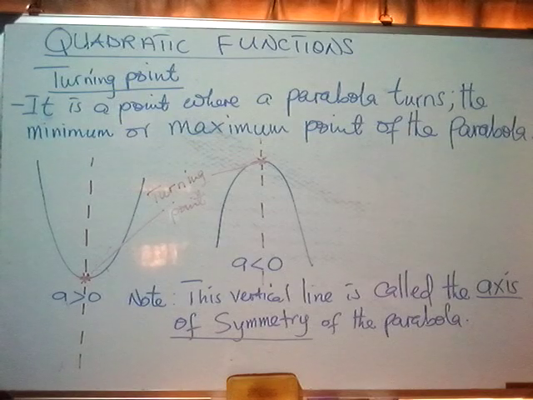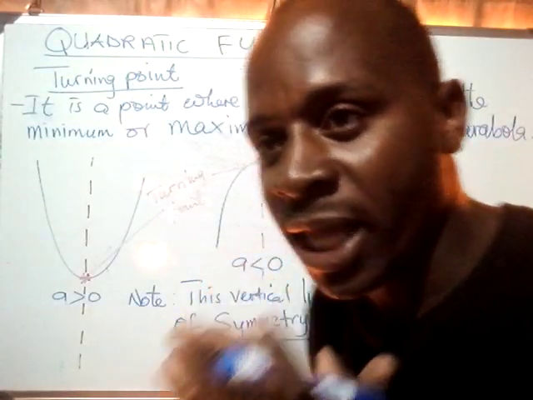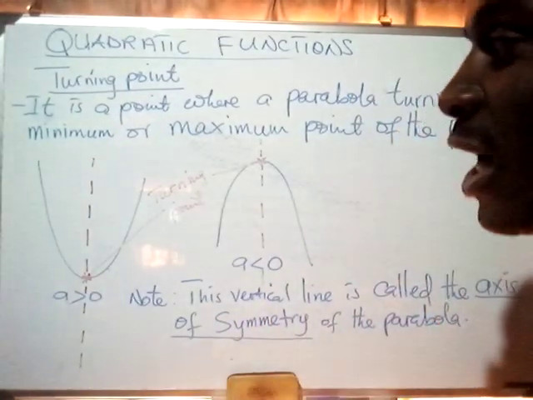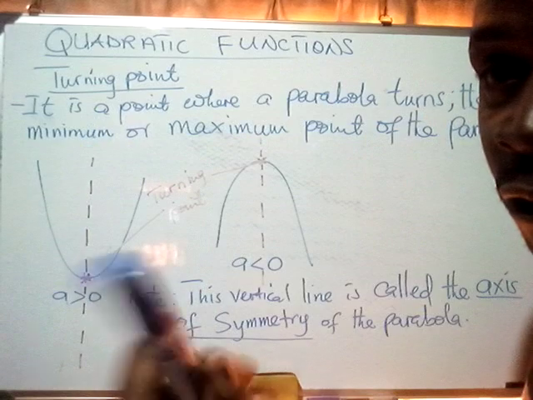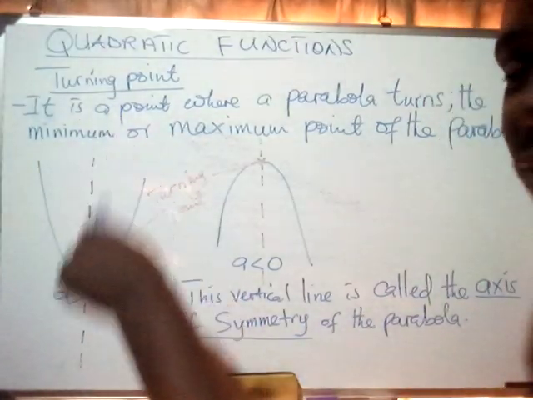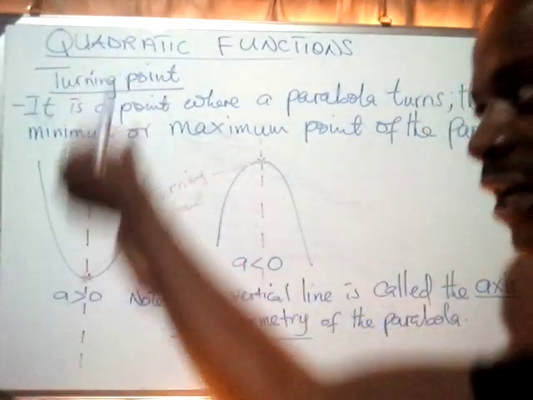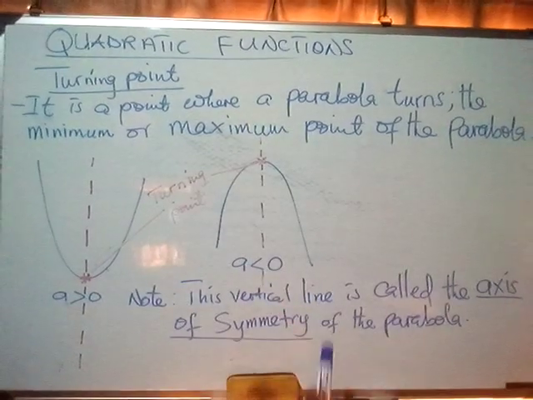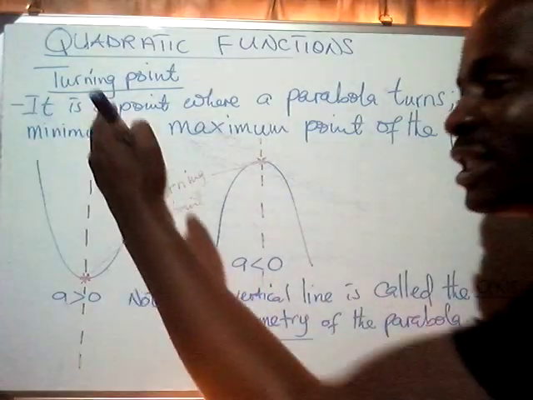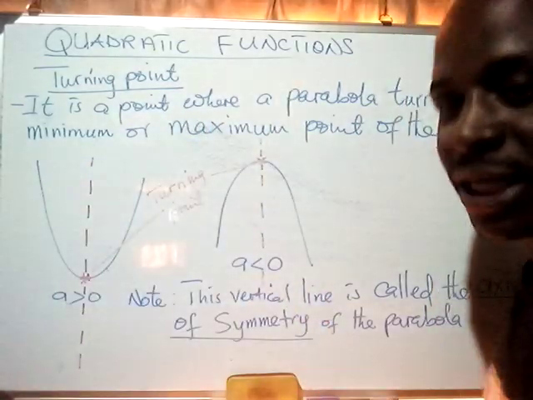The question may say, find the axis of symmetry of the parabola. What they want you to find is the value of x at the turning point. This vertical line is known as the axis of symmetry of the parabola because it cuts the parabola into two equal parts.